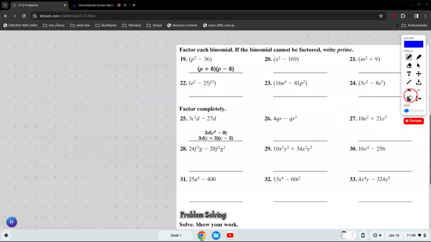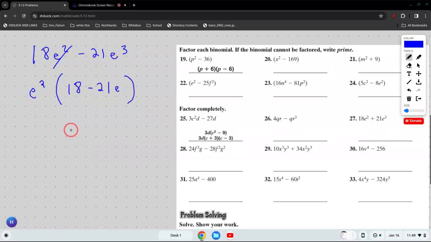Let's try this guy. These are kind of goofy, right? 18e squared minus 21e cubed. Let's get rid of this first. So that'd be e squared times 18 minus 21e, right? Remember, we were doing this before. 2 minus 2, you get nothing. 3 minus 2, you get 1, so you've got to leave 1 in.